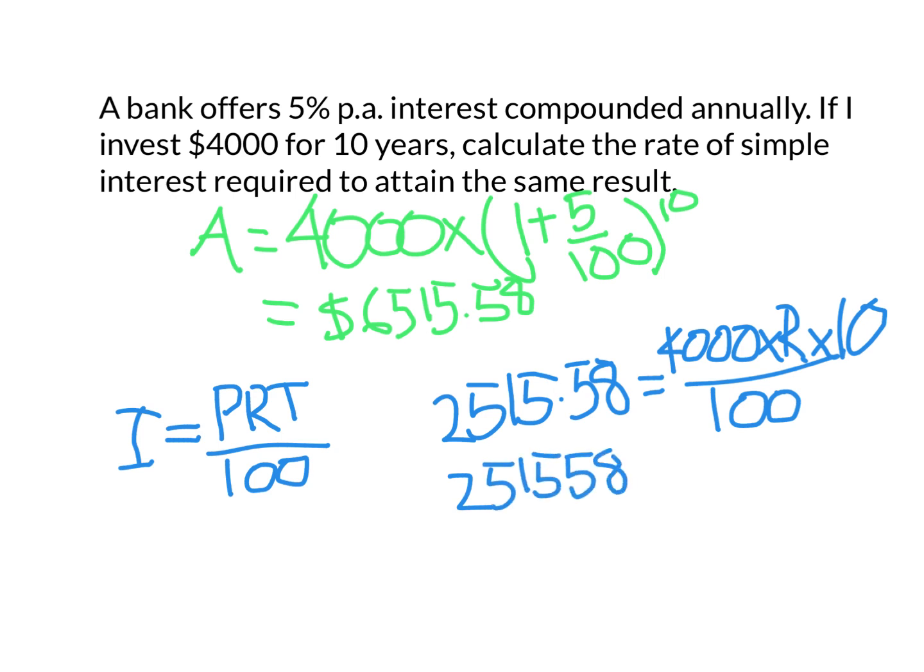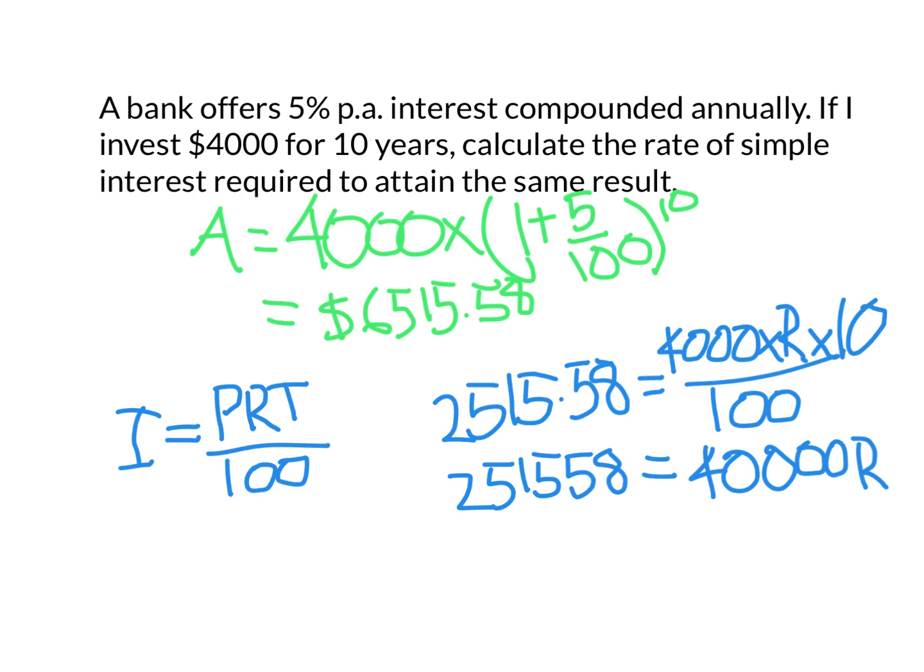That'll get rid of the divide 100. Note also that 4,000 times 10 is 40,000. So we've got this equals 40,000 times R. So all we need to do now to get R by itself is divide each side by 40,000.